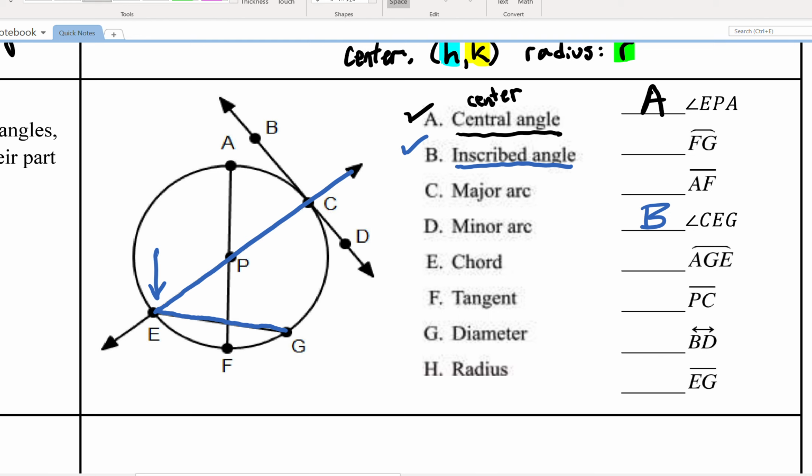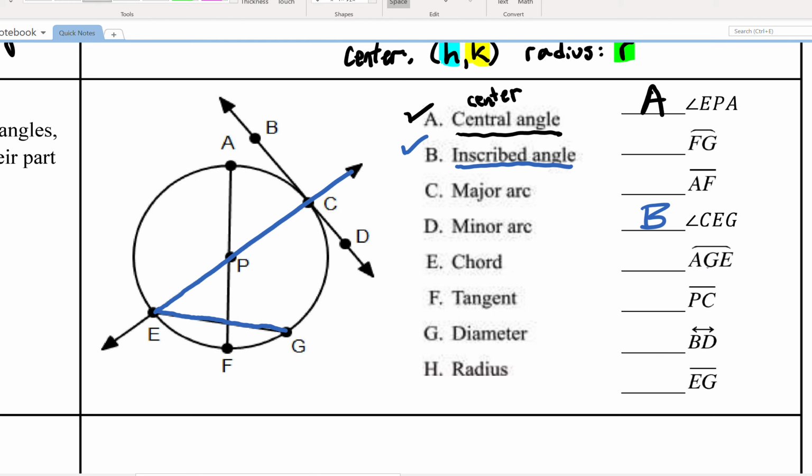Now, a major arc and a minor arc. So first off, if we look at these, there is an arc and there is an arc. If you were just hand drawing it, it would just kind of look like an arc. A major arc is the one that goes the furthest distance around the circle.